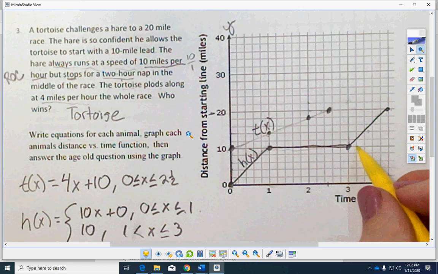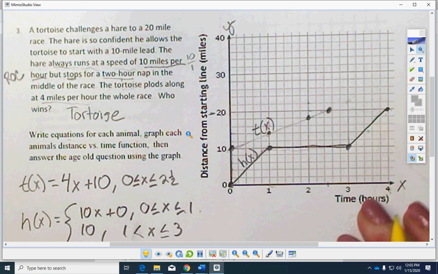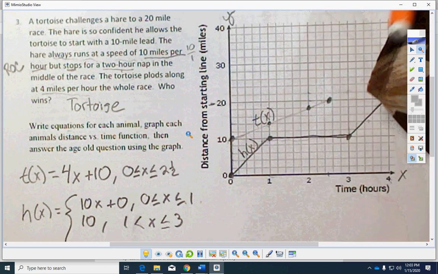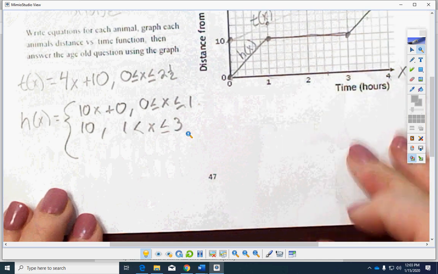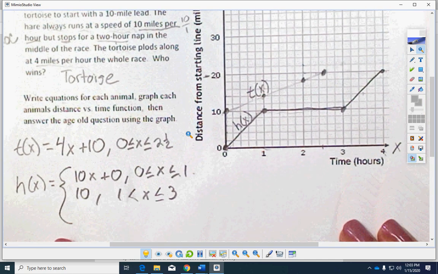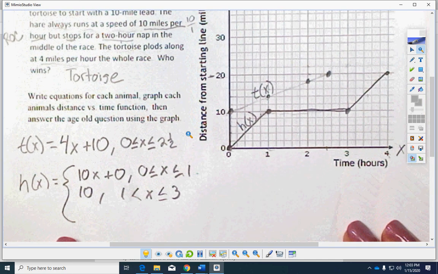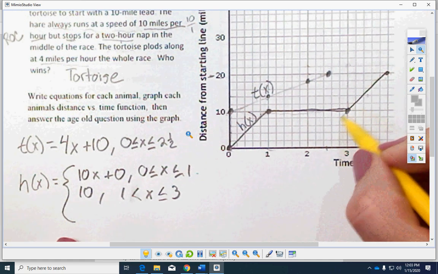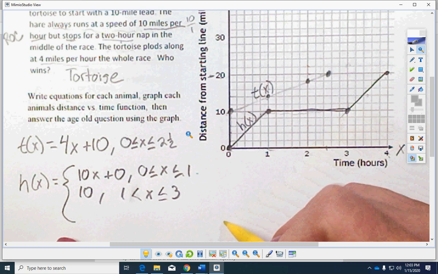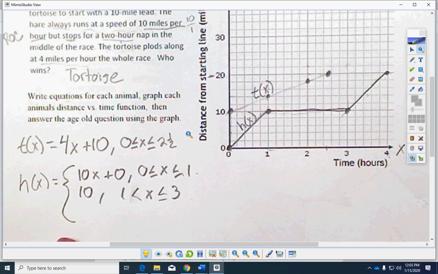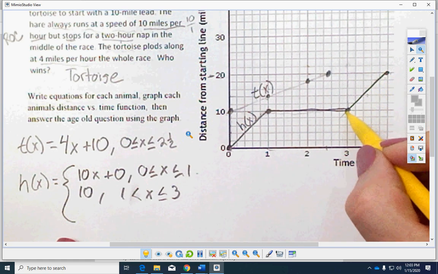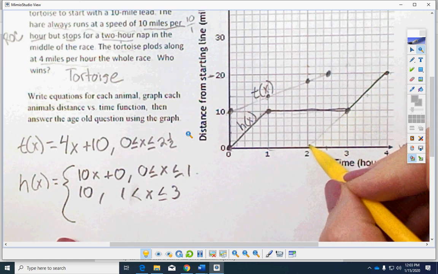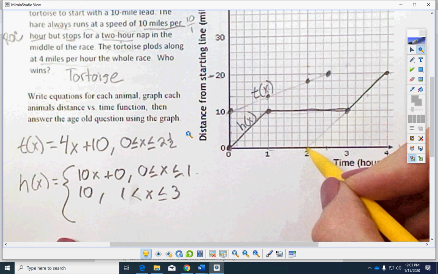And now this last piece is the trickiest piece. What makes it tricky is trying to figure out where it's going to hit the y-axis. I think we can do it. If this piece continued, it would be right here at 2, 0.